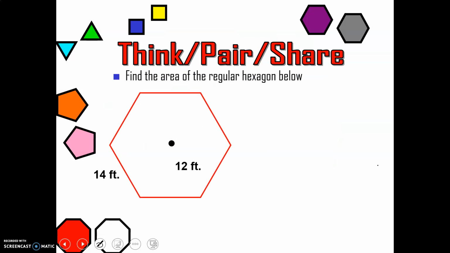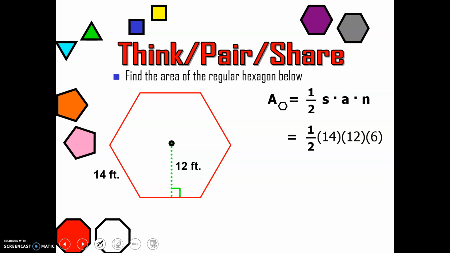Okay, so please pause the video for a moment, and I want you to try this problem out and check back when you are ready to see the solution. All right, so here we are going to find the area of this regular hexagon. So there are 6 sides in total.